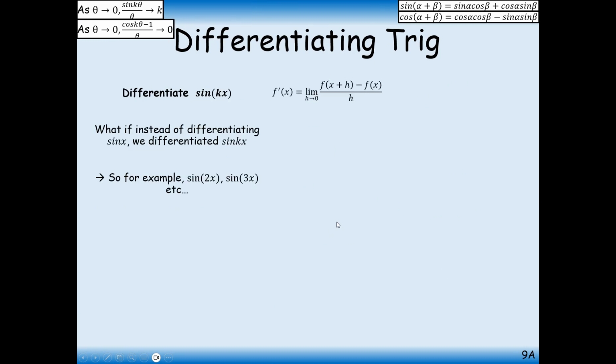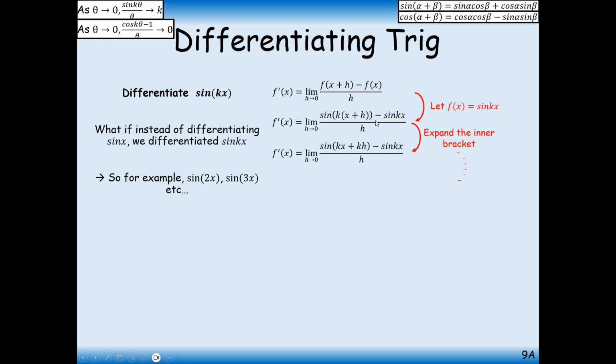So we are going to just take sine k of x to be our function, and we are going to replace that in the formula. So from first principles, we'll have something like this. First of all, we're going to multiply this k into these expressions, because we actually want to separate kh and kx into two different parts.